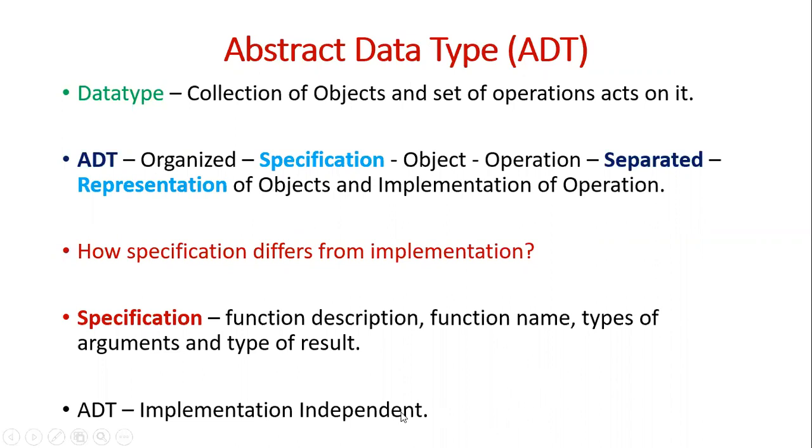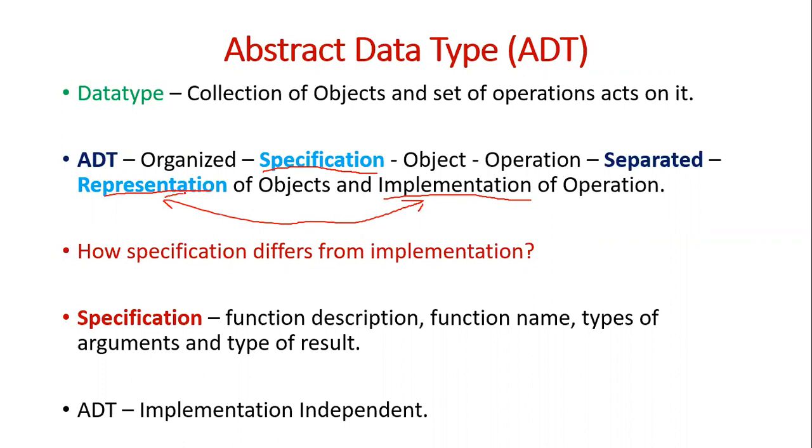So what does it mean? There are two words which are important here. One is specification and the other one is representation or implementation. Representation and implementation are both the same. So these words are important.